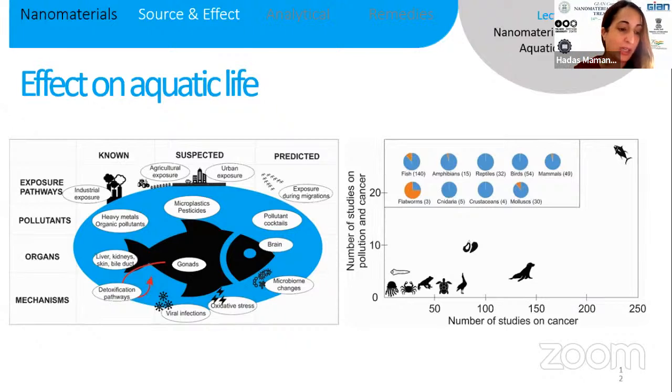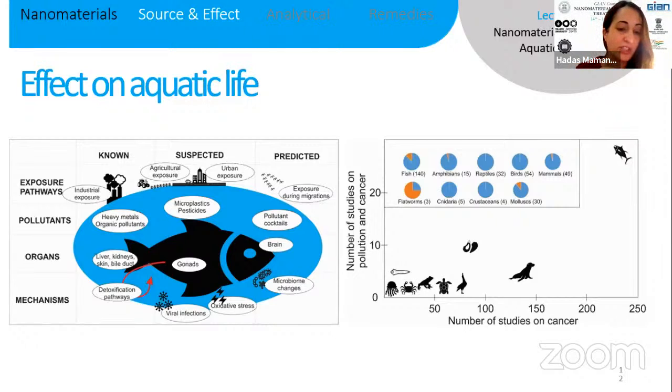Result in rapid increase of, for example, carcinogens in the natural habitat. And this actually results in stress and pressure on the natural habitat and the animals and the aquatic life that exists within this habitat.